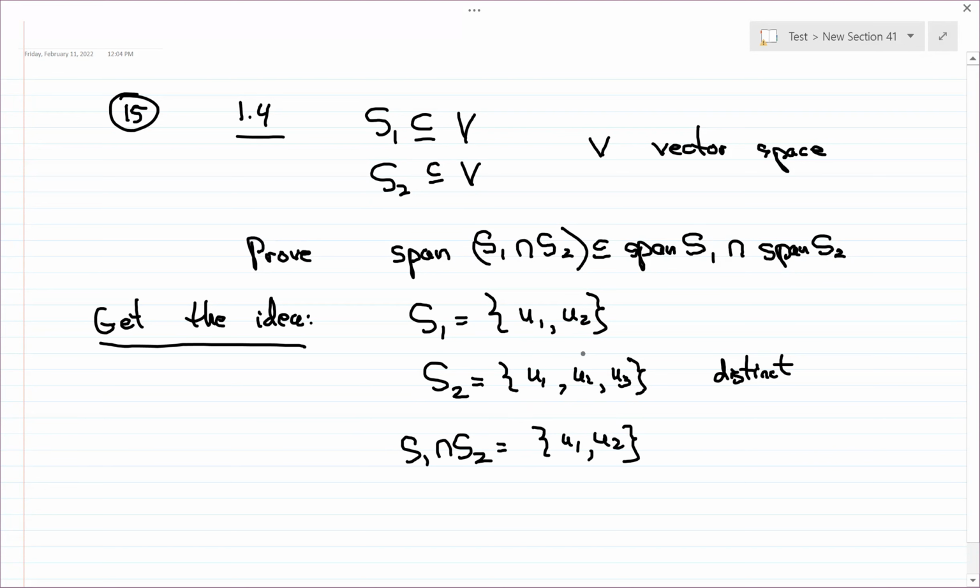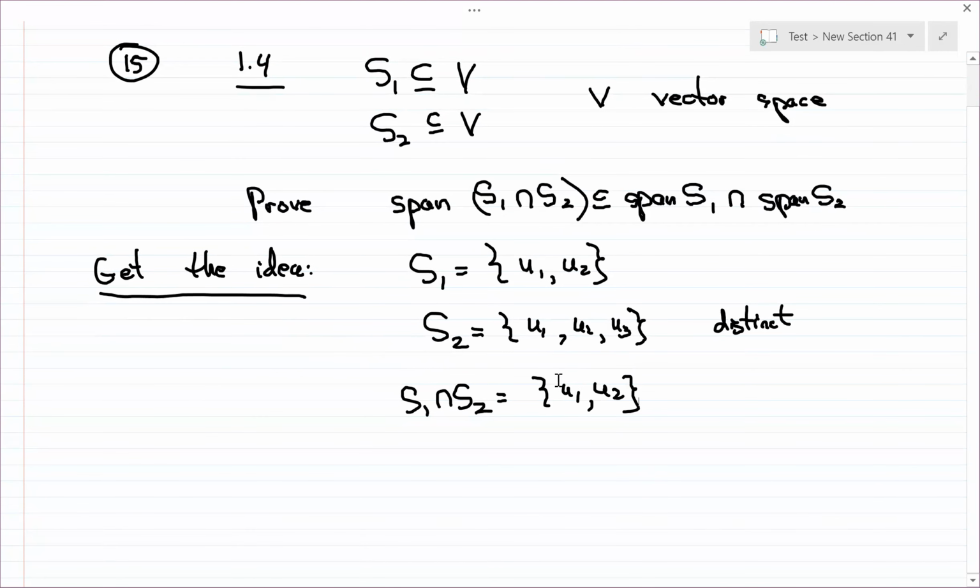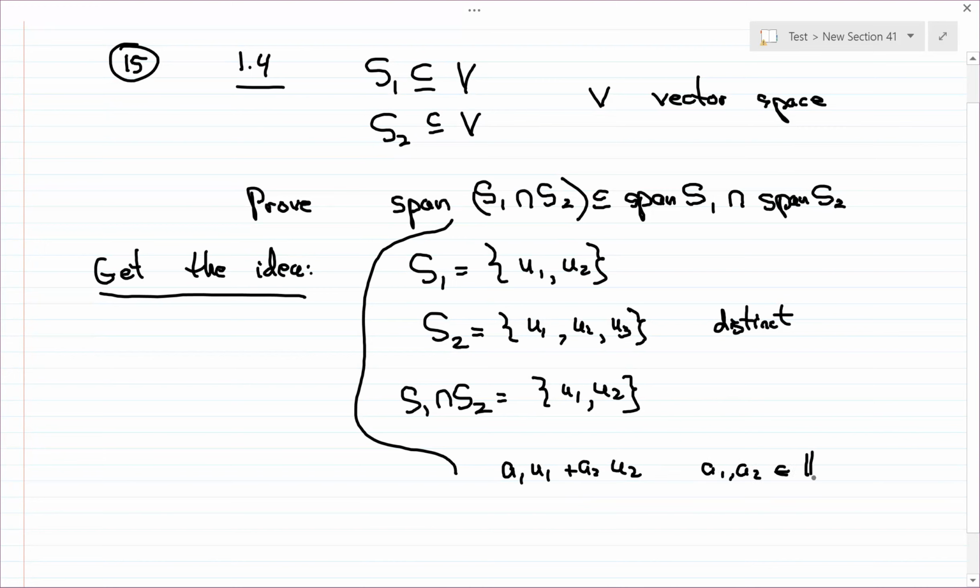Let's at least get the idea of why this works in this case. What would be the left side? The span of the intersection would be all linear combinations of U1 and U2. So what would be in here would look like A1 U1 plus A2 U2, where A1 and A2 are numbers on the real line.